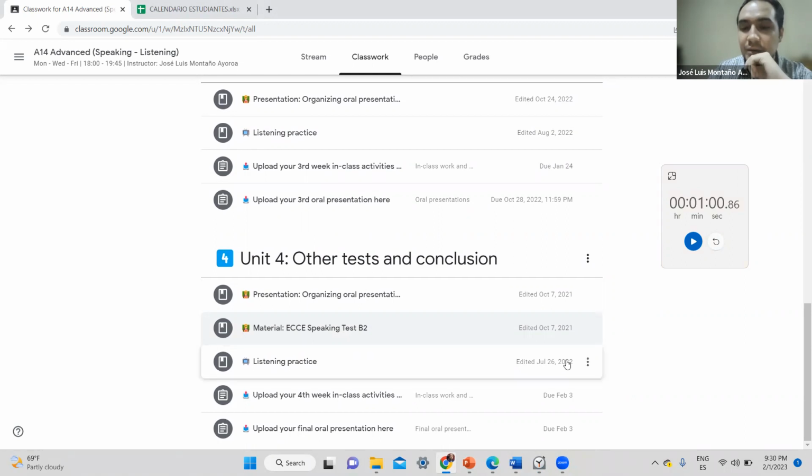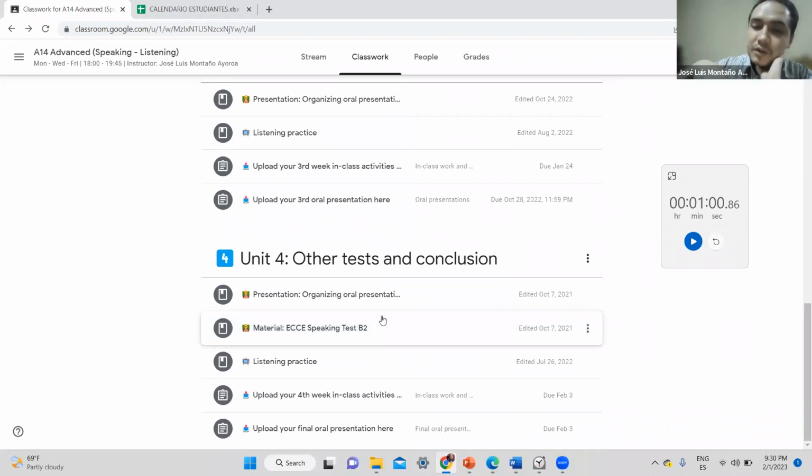All right, remember please that you have until Friday to upload these recordings. It means today's recordings and Friday's recordings, plus the recording related to the 9 new words, plus definitions, plus examples. Also on Friday, you're going to have your final oral presentation that should be 15 minutes about any topic you want, but that has a very specific structure.